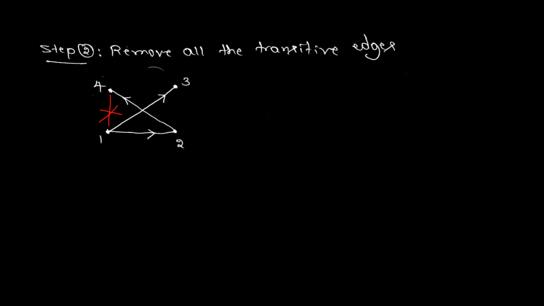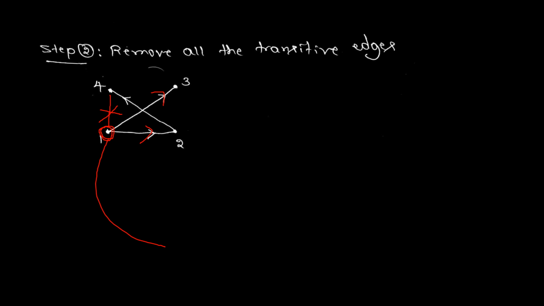Which is the vertex whose in degree is 0 here? 1. Whose in degree is 0. That means no arrow is coming inside this 1. All the arrows are going outward. So let us take this vertex and keep it in the lowest position.